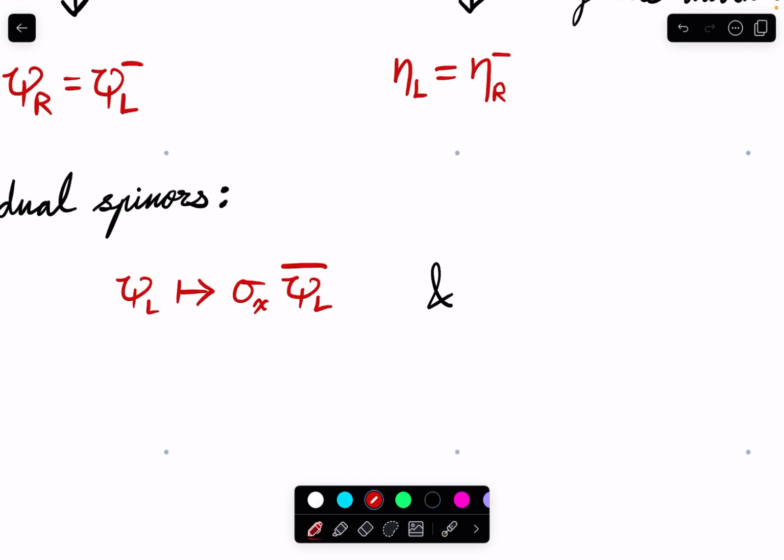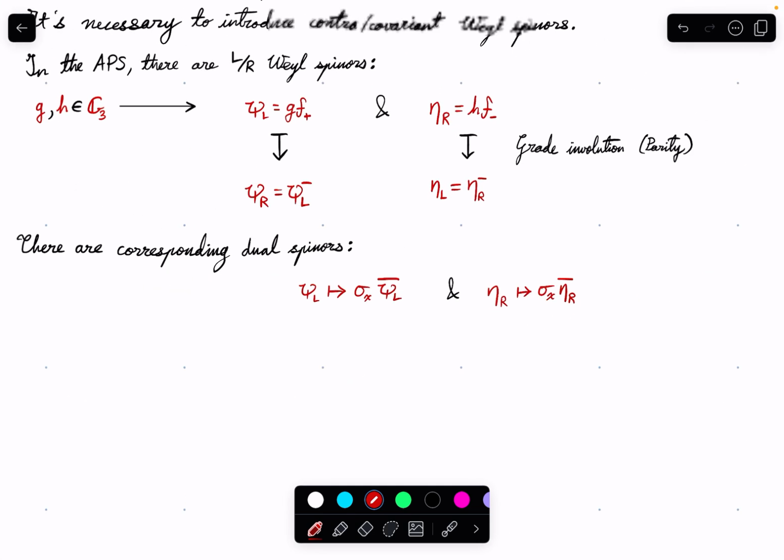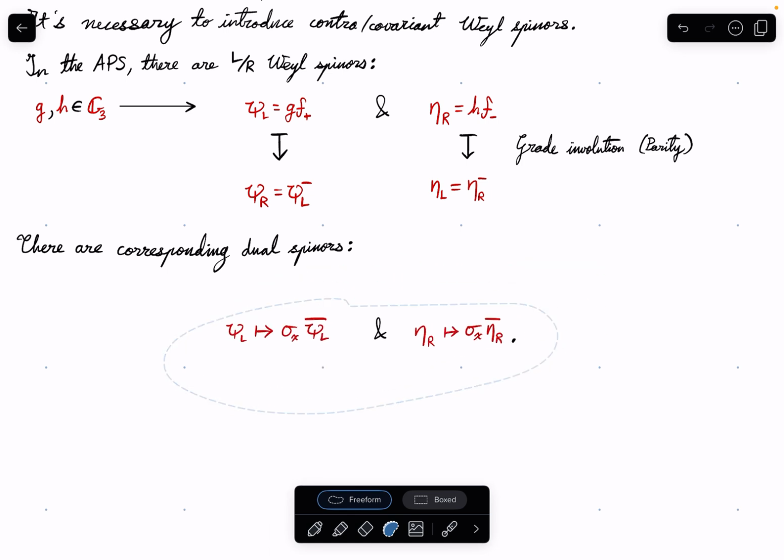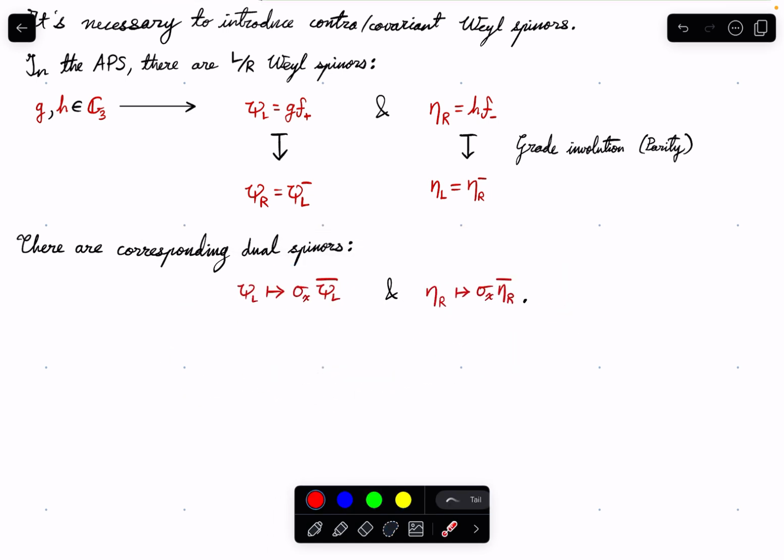And the same process is used for right spinors. So these are the ways to map from the left spinor to a dual left spinor and a right spinor to a dual right spinor.